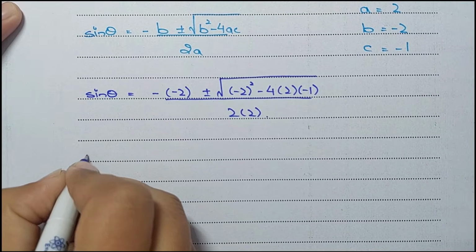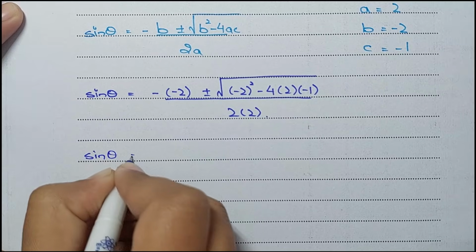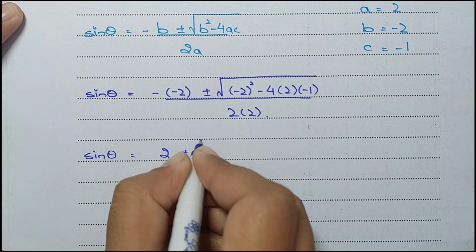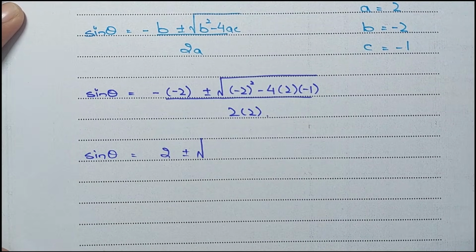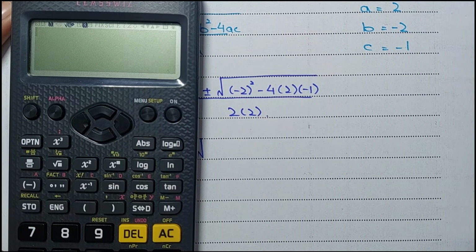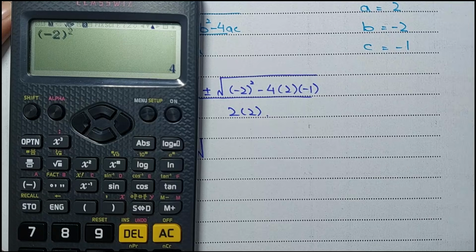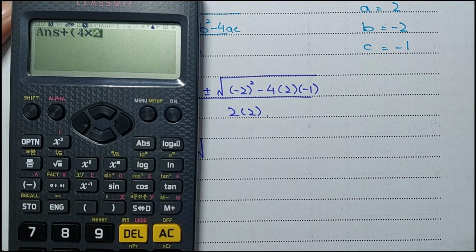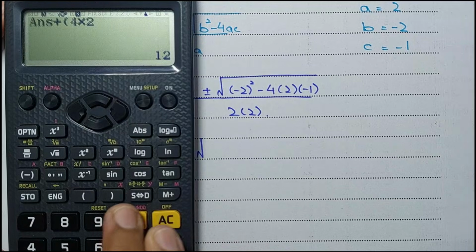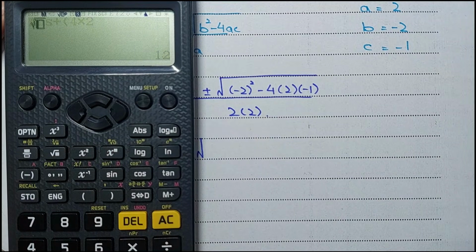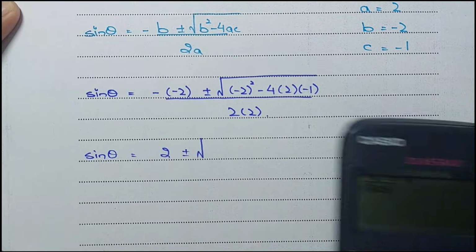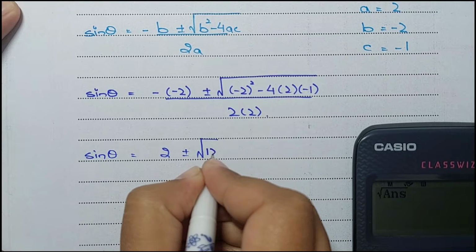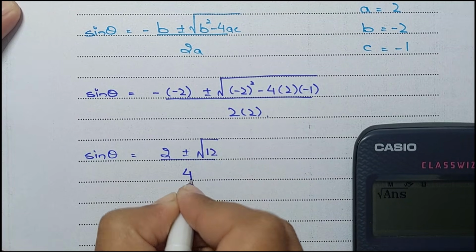Simplifying further, sine theta would be equal to 2 plus or minus square root of negative 2 squared, and then we add 4 times 2, which is 12, root 12 is 2 root 3. 2 times 2 is 4.